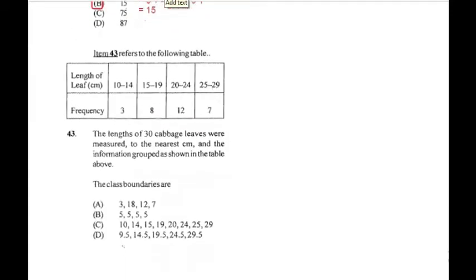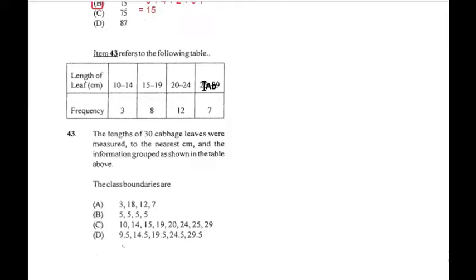We're coming along nicely. 43. The length of 30 cabbage leaves were measured to the nearest centimeter, and the information grouped as shown in the table above. The class boundaries are... Remember that class boundaries are the end points of the class interval. What they give for the length of the leaf are the class intervals, which are 10 to 14, 15 to 19, 20 to 24.